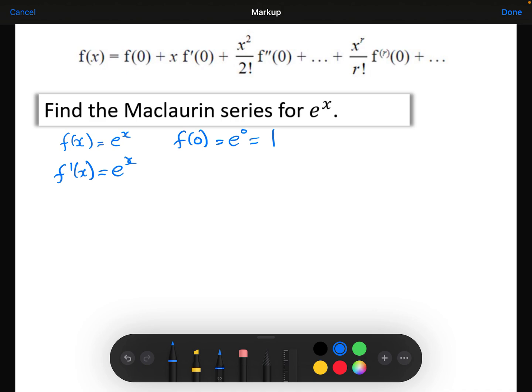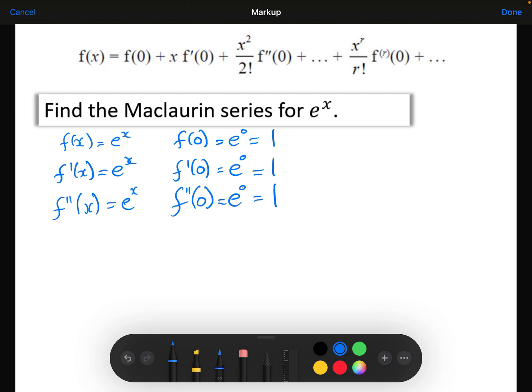Nothing changes. Therefore, f'(0) is still e to the 0, which is 1. If I differentiate for the second time, it's still going to be e to the x. So f''(0) is still going to be e to the 0, which is still going to be 1, and so on.